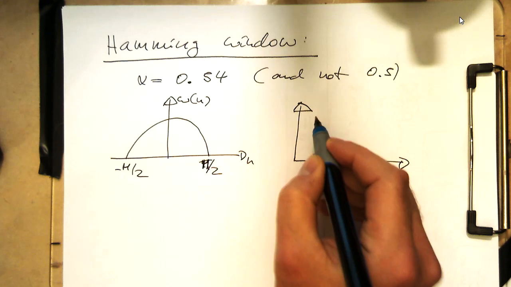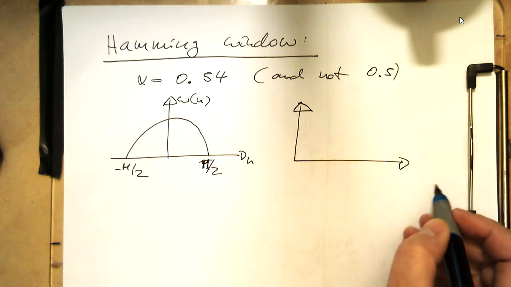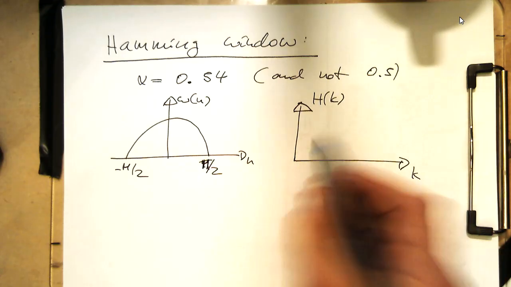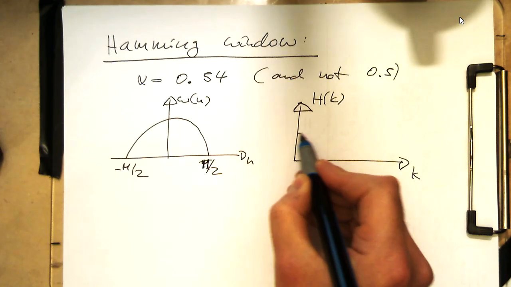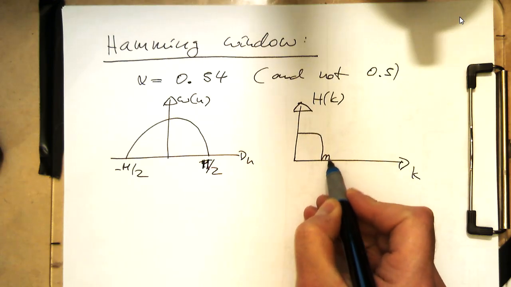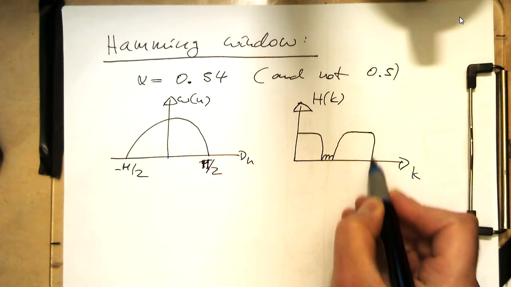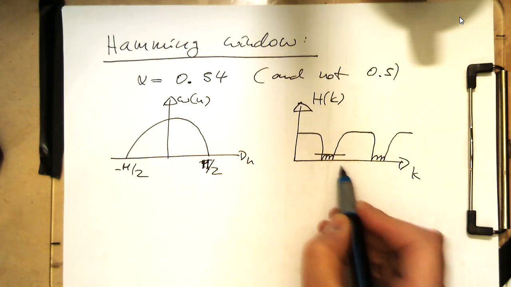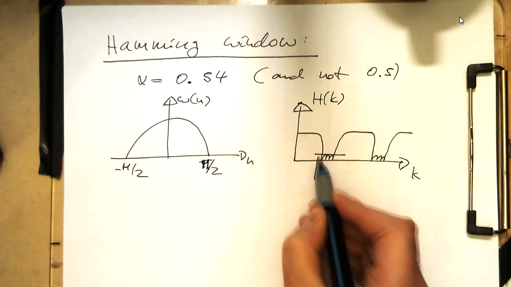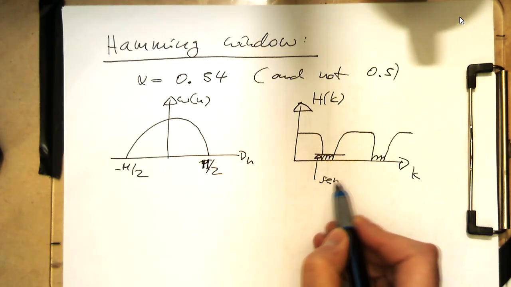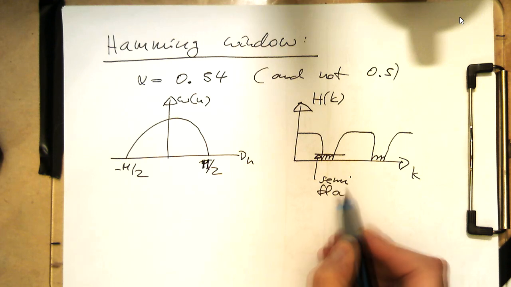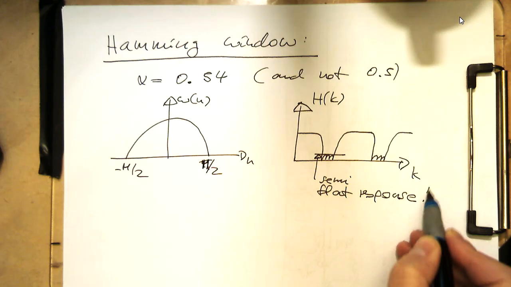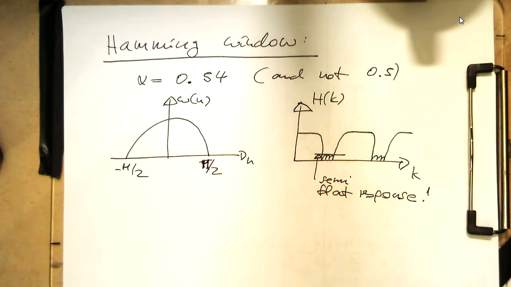So if we look at our response, so if this is here h of k, then if we have our bandstop filter here, we will see that this will go like this. So here we have a semi-flat response. Let's have a look how this looks like with these bumps, what we get here in Python.